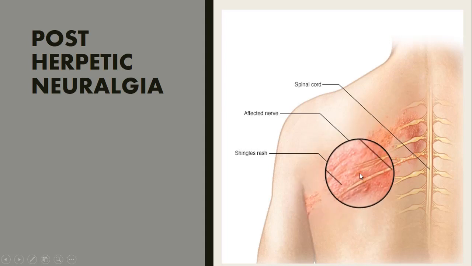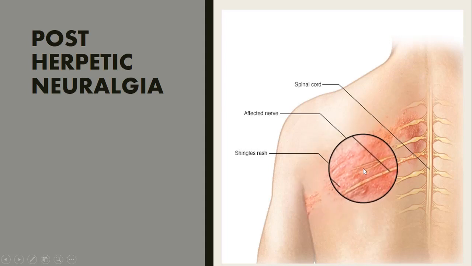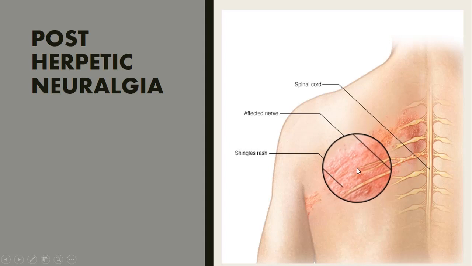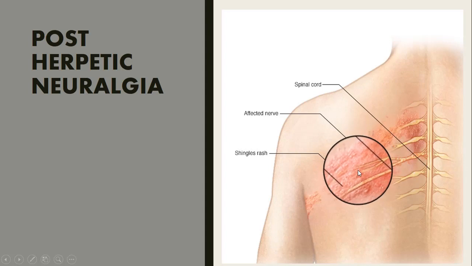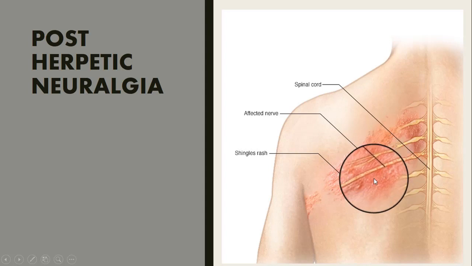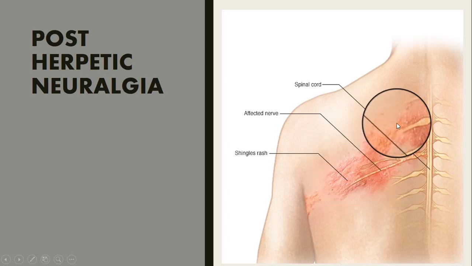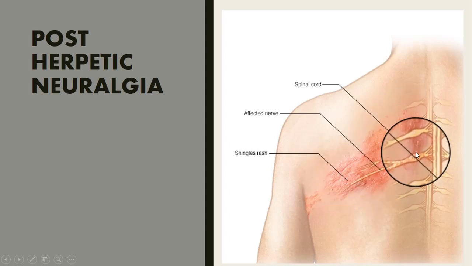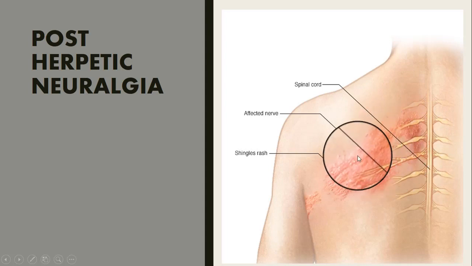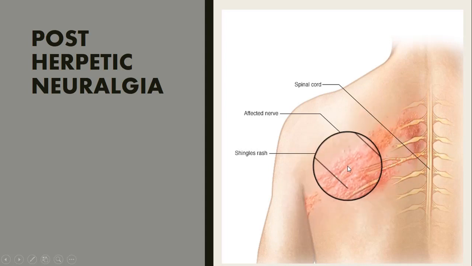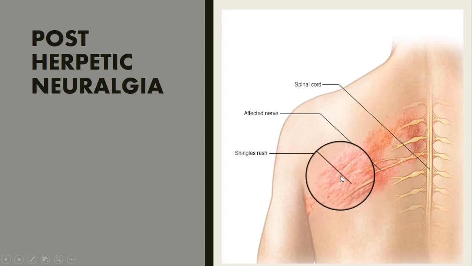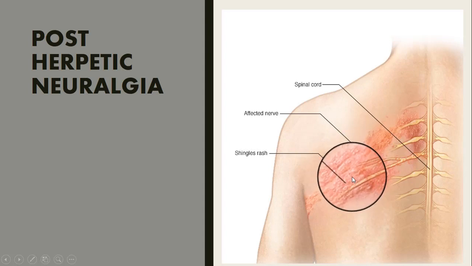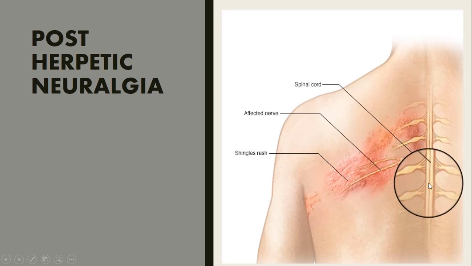This type of neuralgia occurs as a complication of shingles and may be anywhere on the body. Shingles basically is a viral infection caused by a painful rash and blisters on your body, and this type of neuralgia can occur wherever the outbreak of shingles was. The pain can be mild or severe, persistent or intermittent.